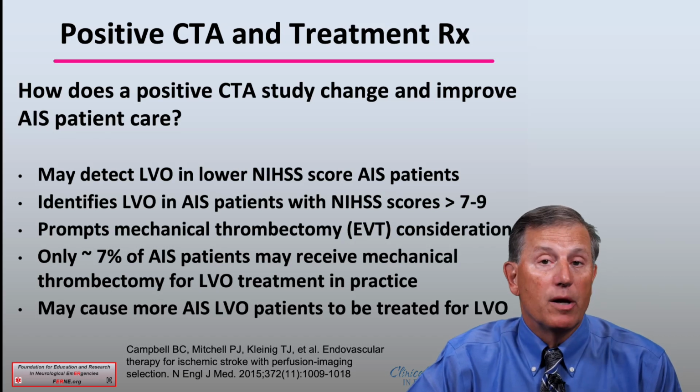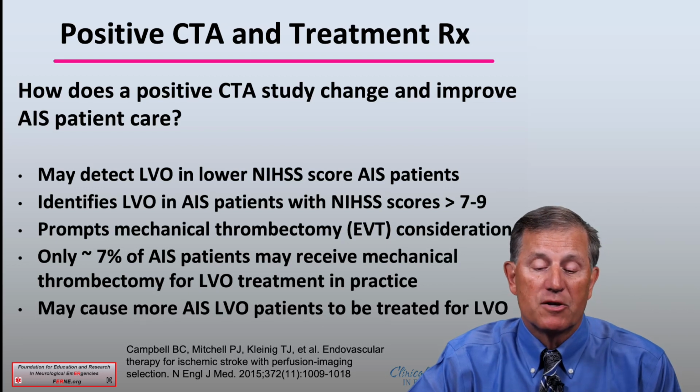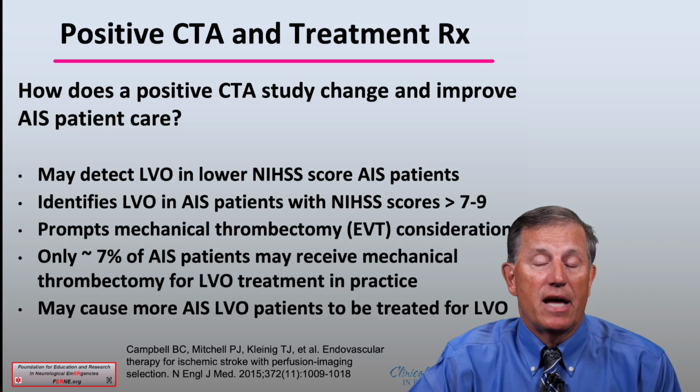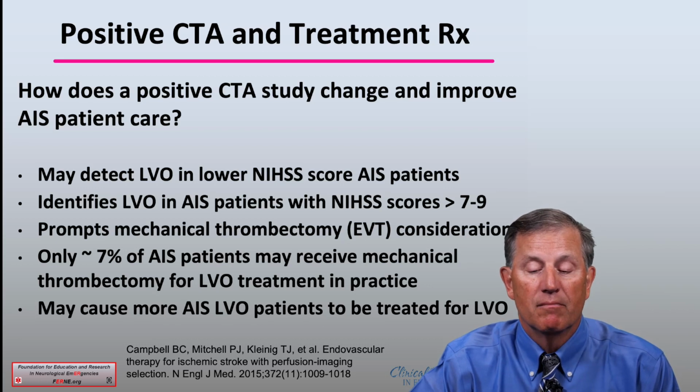We know that only approximately 7% of acute ischemic stroke patients may receive some mechanical thrombectomy for LVO patients in practice. And this suggests, again, that if you aren't able to detect it with a CTA, you still should be able to optimally care for these stroke patients.